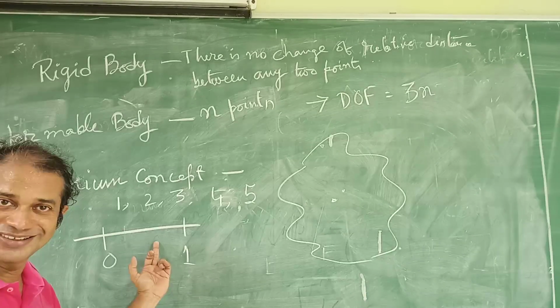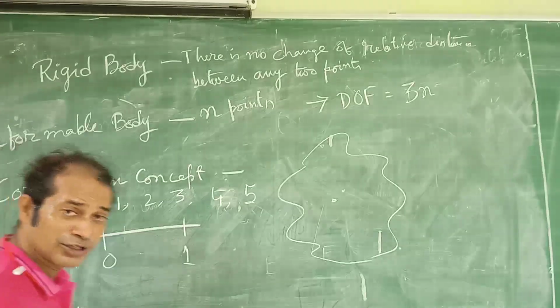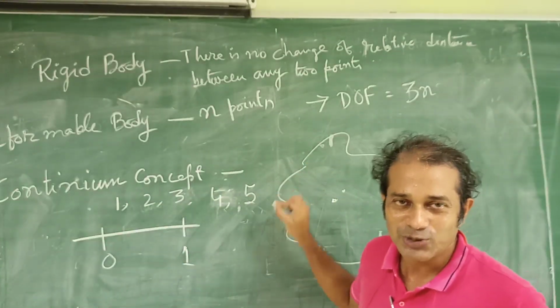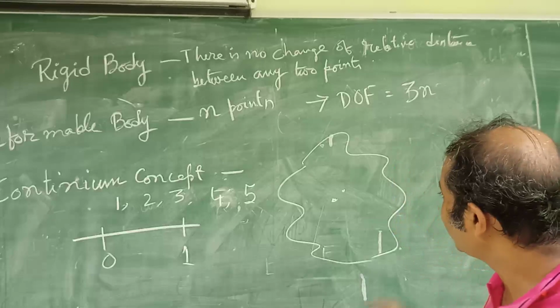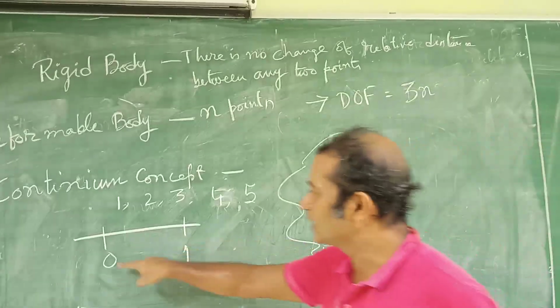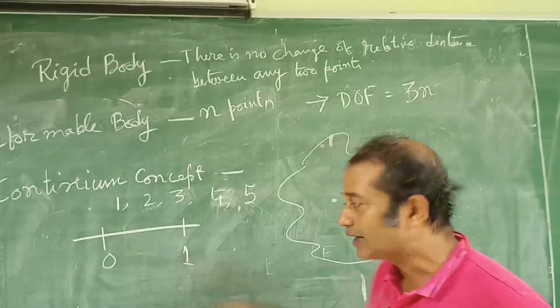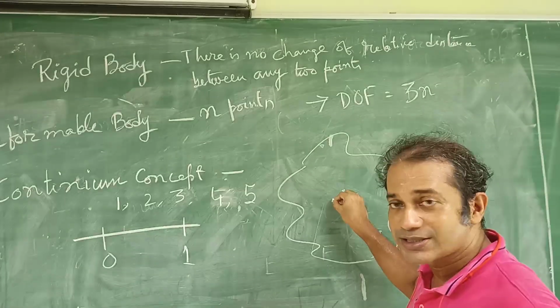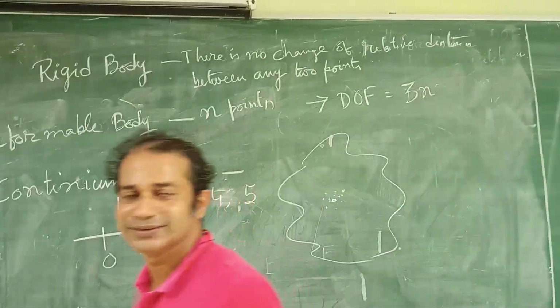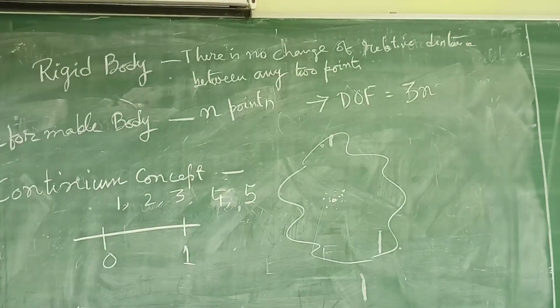Are you understanding? So this infinity is continuous infinity and the other is discrete infinity. Whenever we define a deformable body, we consider that this continuum concept is valid. That means around a point, in the vicinity of it, there are infinitely many points and they constitute the deformable body.